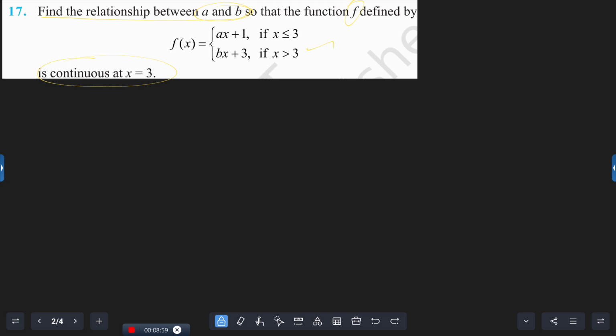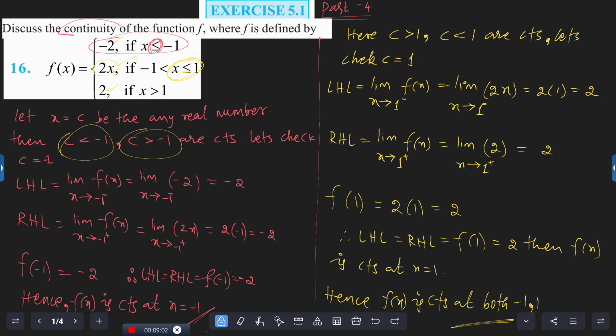Generally suppose the function is continuous at minus 1, what condition will it satisfy? LHL, RHL and function value must be equal. Am I right? So if a function is continuous at 1, this will be satisfied. Left hand limit, right hand limit and function value must be equal.